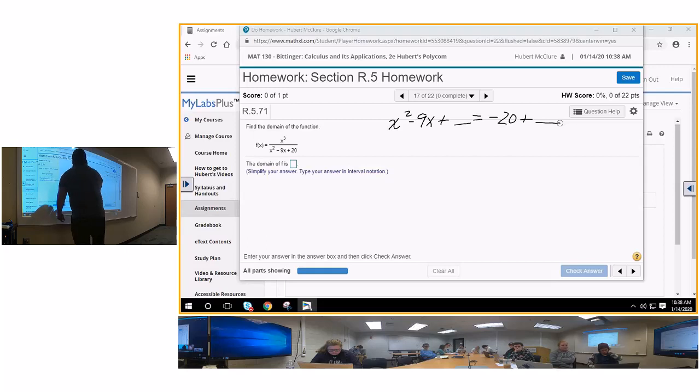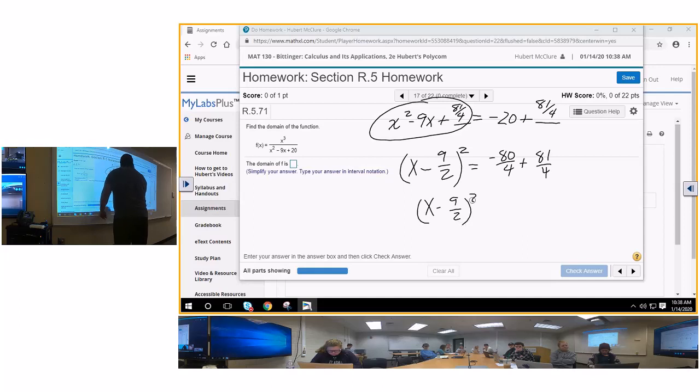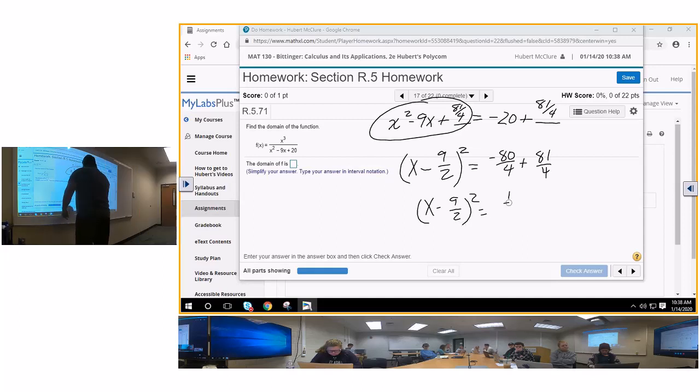Half of 9 is 9 halves. 9 halves squared is 81 fourths, right? So that gives us x minus 9 halves, quantity squared, is equal to 80 fourths, sorry, plus 81 fourths, which is 1/4. So x minus 9 halves, quantity squared, is equal to 1/4.